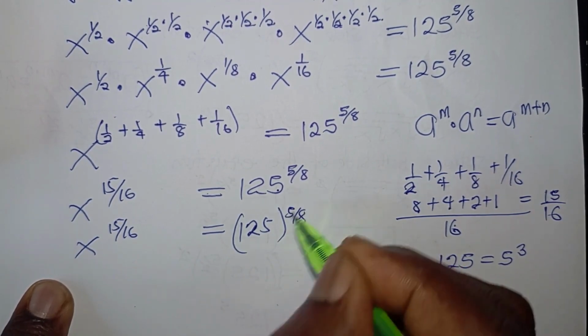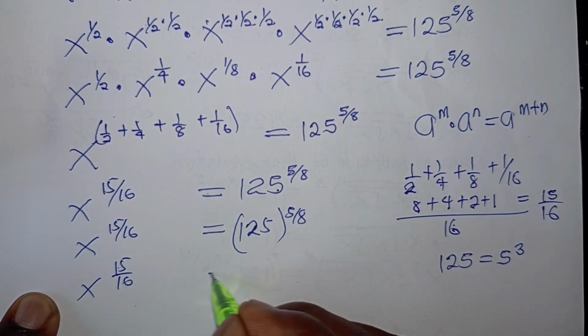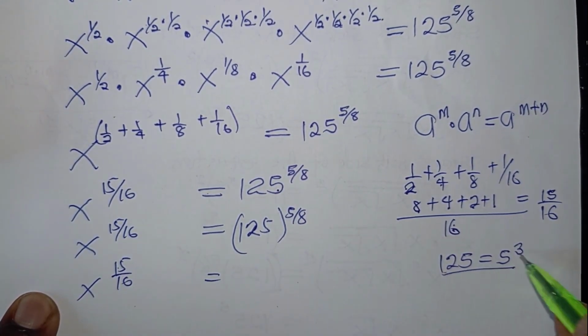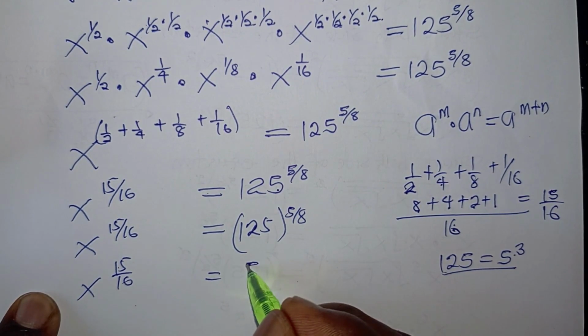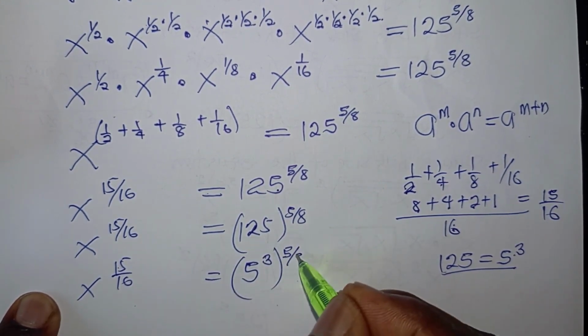Let's repeat that. We have x to the power 15 over 16 equals 125, which is 5 raised to the power 3, so 5 to the power 3 multiplied by 5 over 8.